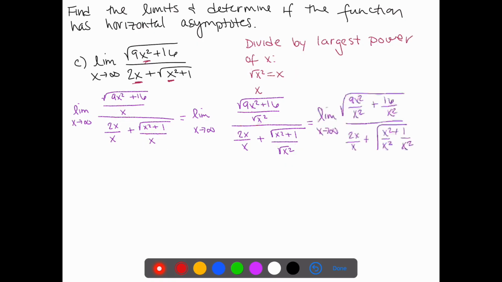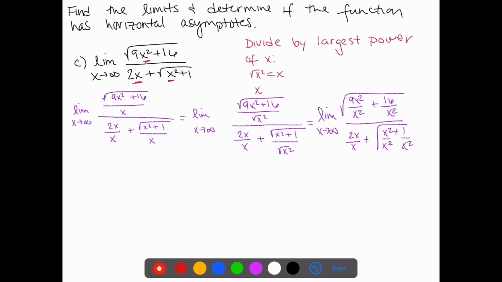All right, so that little trick is going to allow us to do that division inside the square root now. So in my numerator, I have the square root of 9x squared over x squared plus 16 over x squared. And then on the bottom, we still have that 2x over x that's not inside a square root, plus the square root of x squared over x squared plus 1 over x squared.